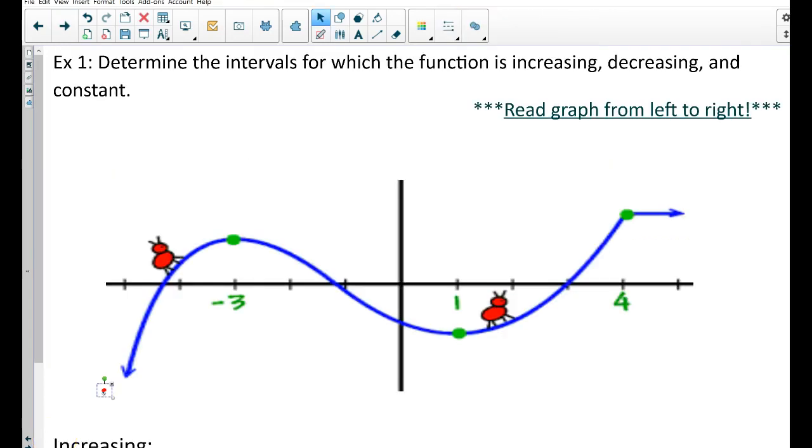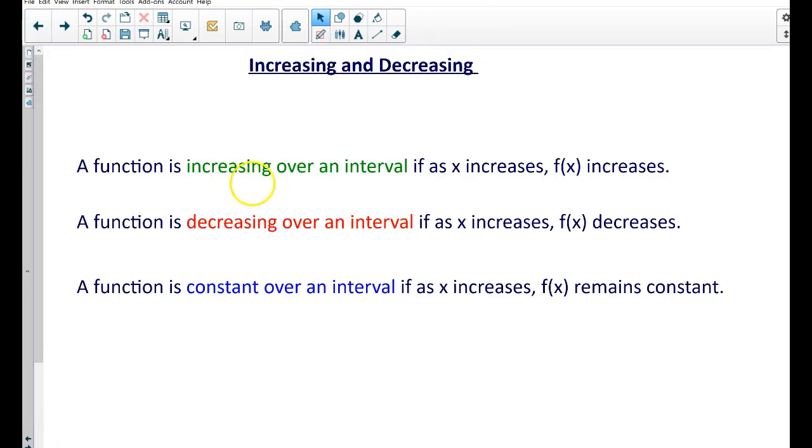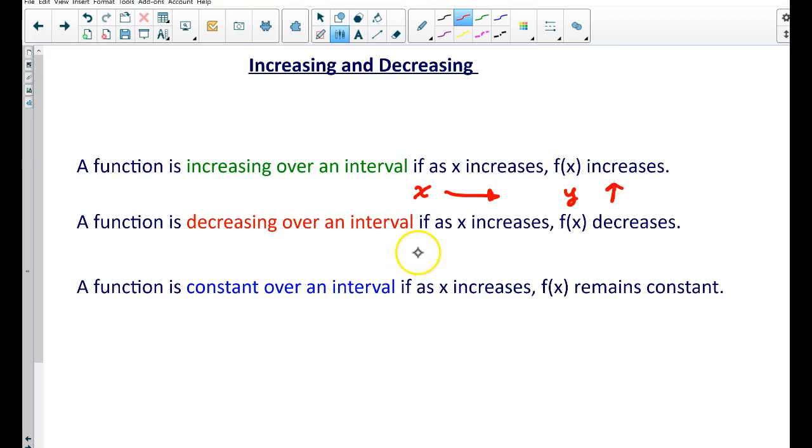Okay, so I want to now talk to you about what it means for a function to be increasing and decreasing. A function is increasing if as x increases, as you go to the right, your y value or f of x increases, it's going up.